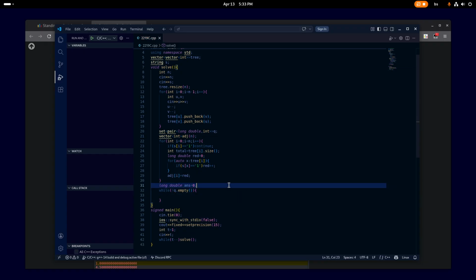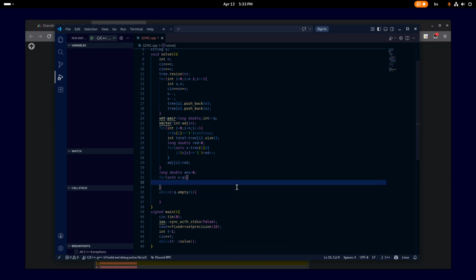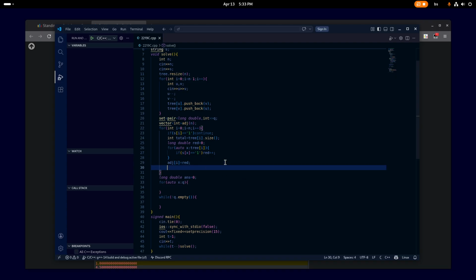Now I always forget whether sets are sorted. Actually they're sorted in increasing order, so I probably need to look at the last element. Actually I forgot to add anything to the queue. Queue dot insert.